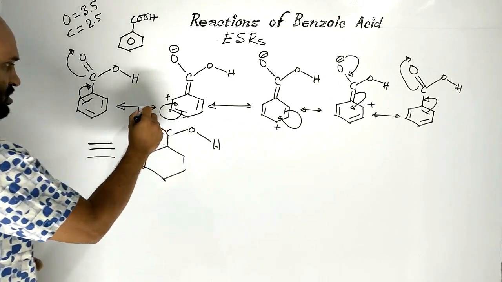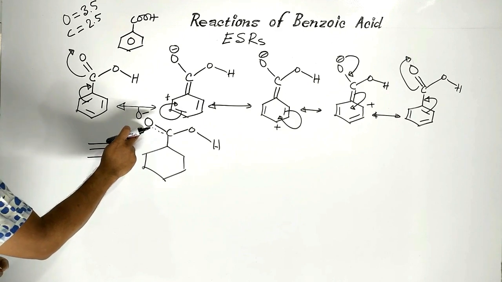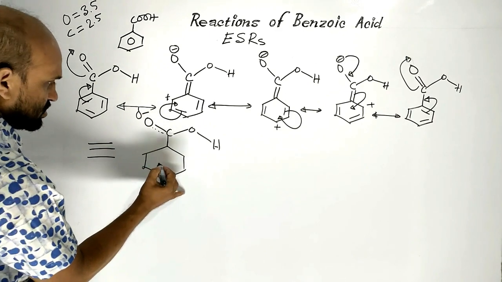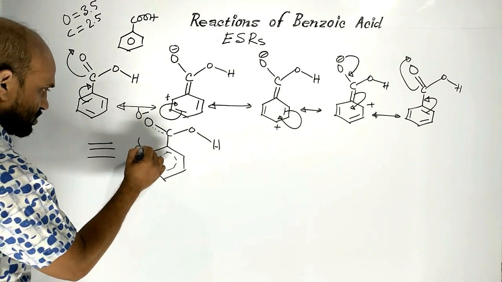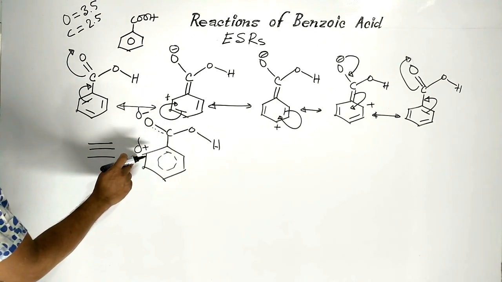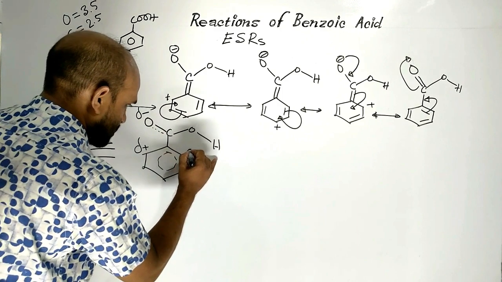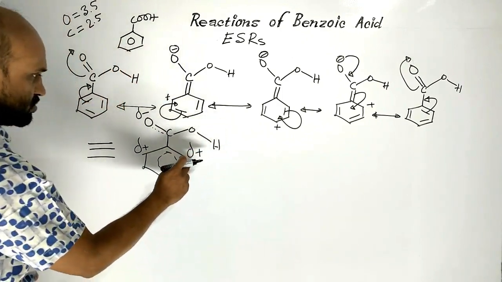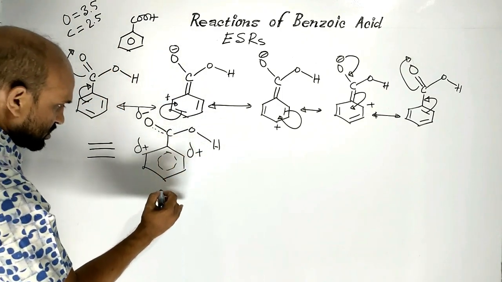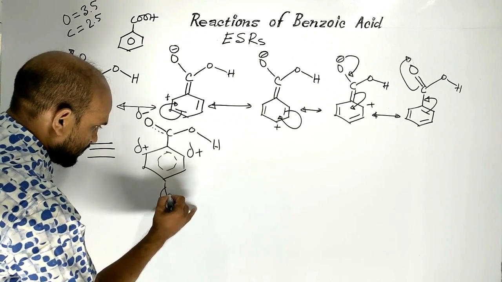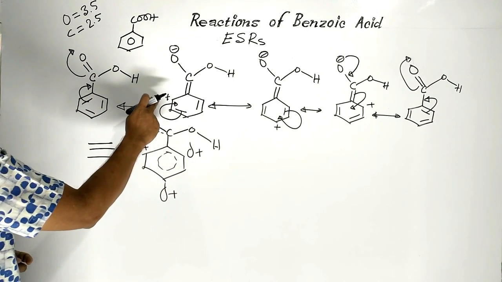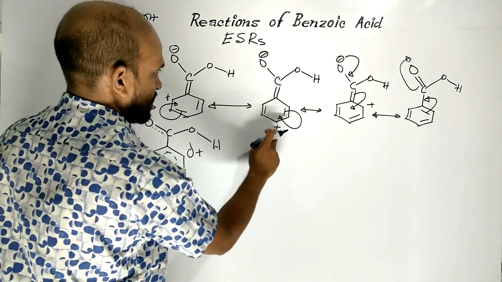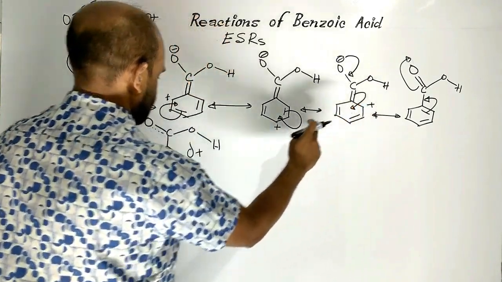This oxygen is partially negative in charge. This carbon is partially positive in charge. This orthocarbon becomes partially positive in charge, and this paracarbon becomes partially positive in charge. That is orthocarbon, paracarbon, orthocarbon.